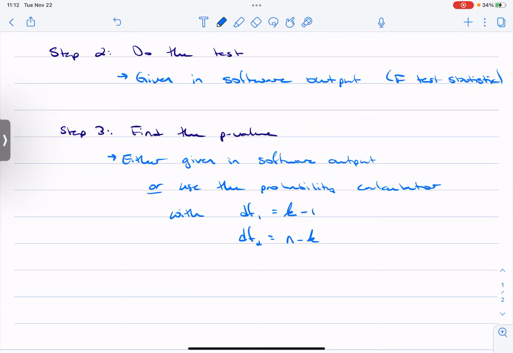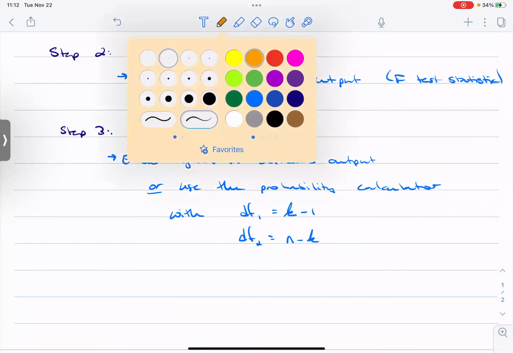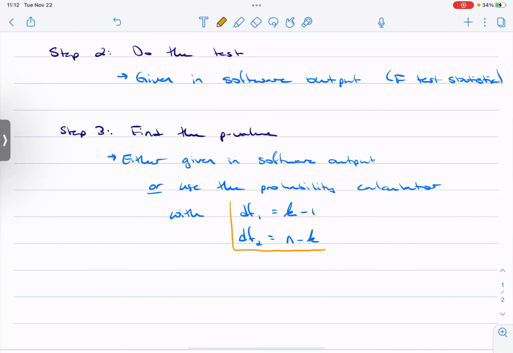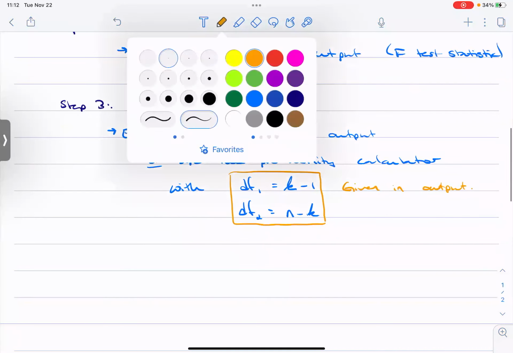Notice when you add these up, the total degrees of freedom is still going to be n-1. But these are given in the software output, typically. So you'll have the p-value somehow, right? Or you'll have to find it in the probability calculator.